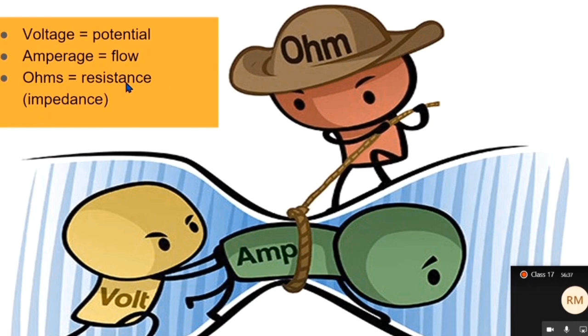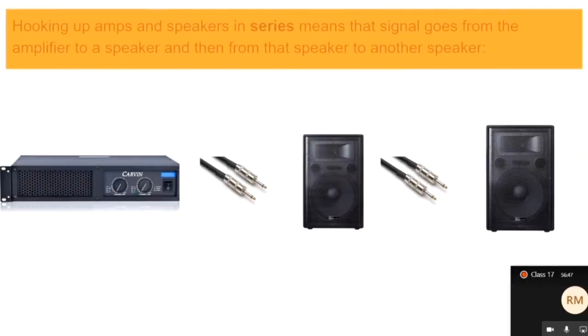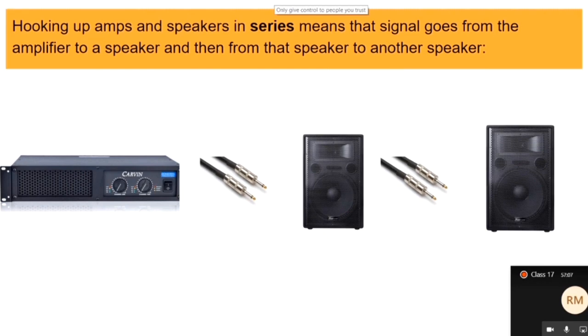What the heck am I talking about? Okay, so let's imagine this. On the left here, I have a power amplifier. Now, if you send your speaker level out of your amp to a speaker enclosure, from this speaker enclosure, the signal is then routed once more to a second speaker enclosure.